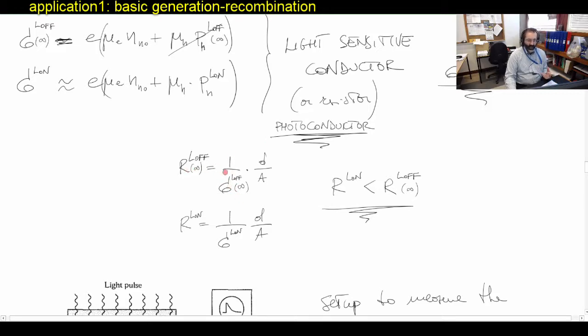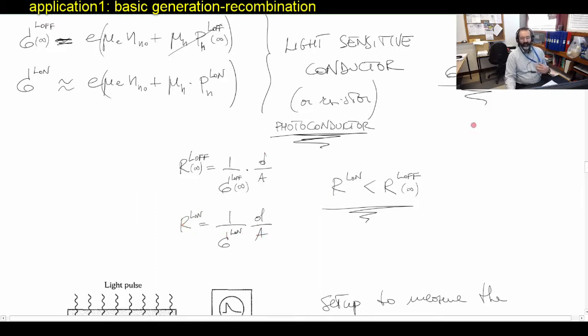Remember, so R is rho times D over A. So I've replaced rho with 1 over sigma. So the resistance of the semiconductor when the light is off, when the transient is completely over, is 1 over sigma L of infinite times D over A. The resistance when the light is on is 1 over sigma L on times D over A.